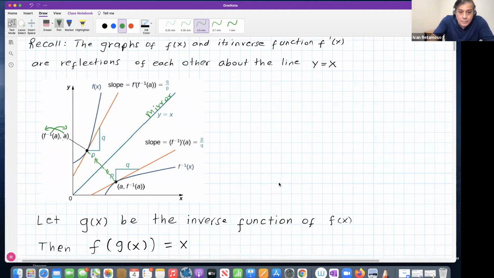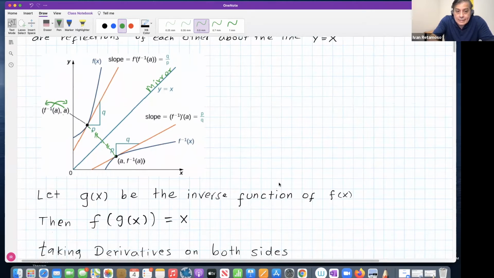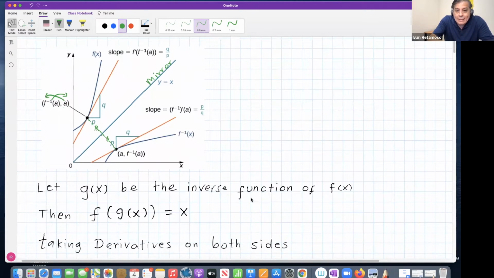Now, we are supposed to figure out a formula to compute the slope of the tangent line for the inverse function, in other words, the derivative of the inverse function. So let g of x be the inverse function of a given function f of x. Then if you compose f with g in any order, the result should be the input value.